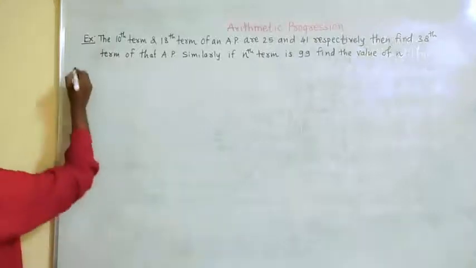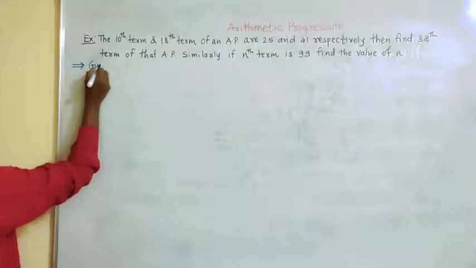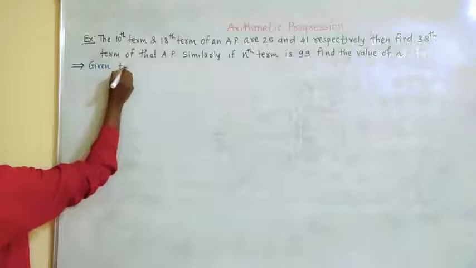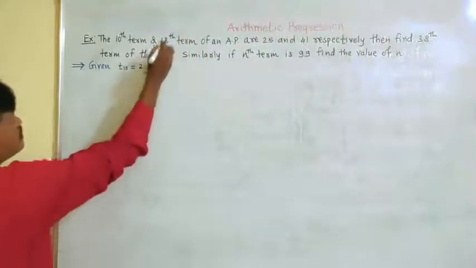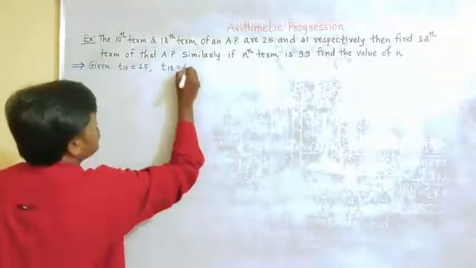So we solve here. Look here. First you write the given part. What is given here, sir? T10 is equal to how many? It is 25. And T18 is 41.